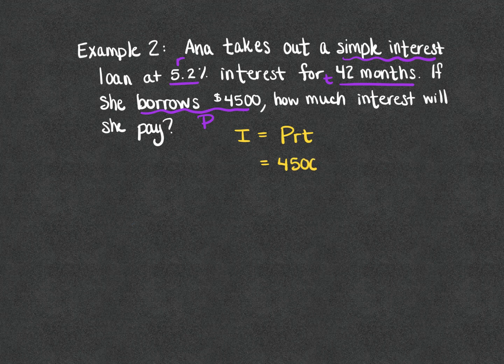Our principal is $4,500. The interest rate, 5.2%, written as a decimal. And then time, since this is in months and we want time in years, there are 12 months in a year, so we're simply going to divide 42 by 12. Then we're going to multiply all of that together, and we will find out that the total amount of interest that she will pay back is $819.